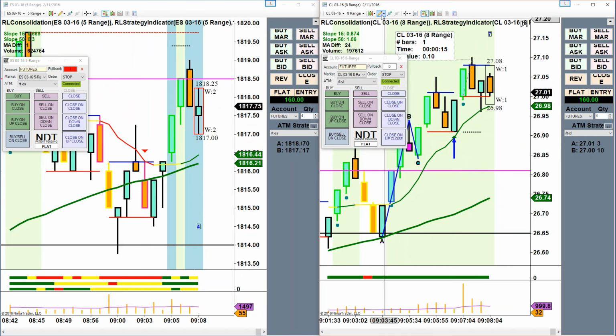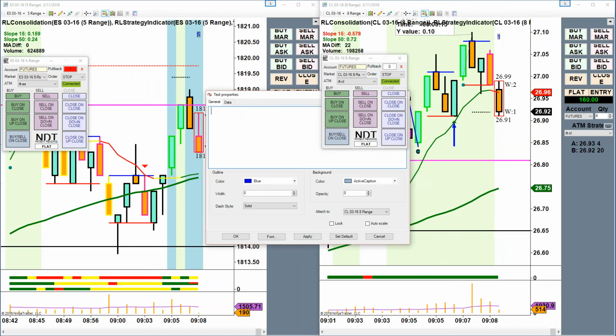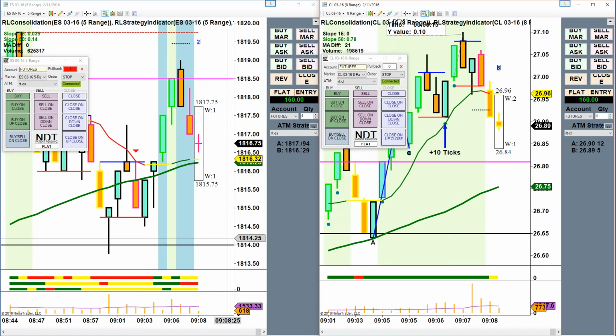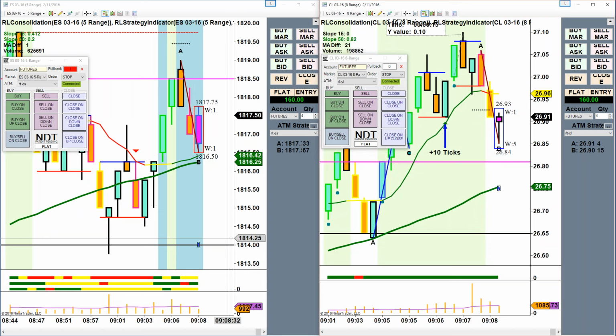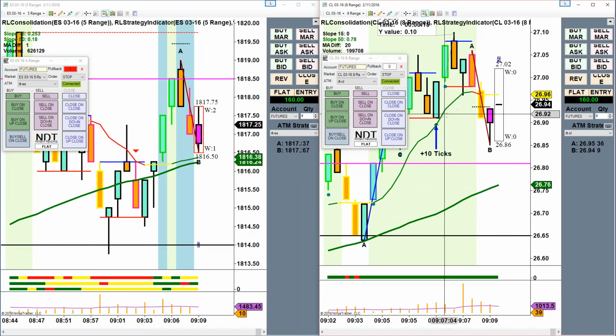I just went 10. We had a nice continuation trade here, just slightly overbought. Retrace right back to support.